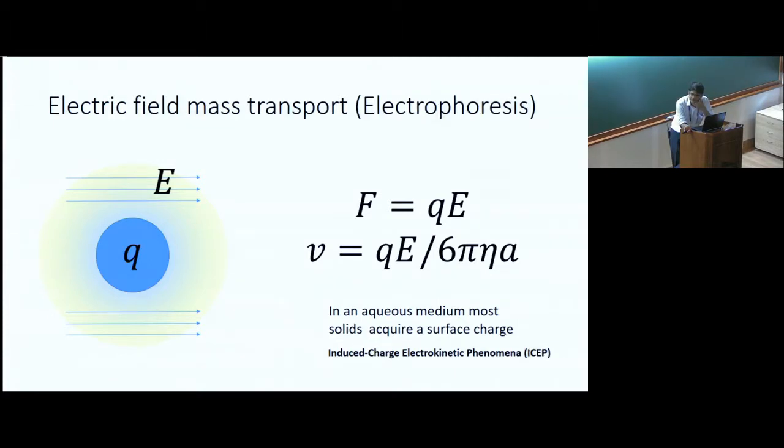Now, all objects don't have charges, but if you put most solids into liquids, in an aqueous medium, a solid surface usually has a charge. Though overall charge neutrality is maintained, this object will actually move under the influence of that charge and the electric field. These are known as induced charge electrokinetic phenomena.